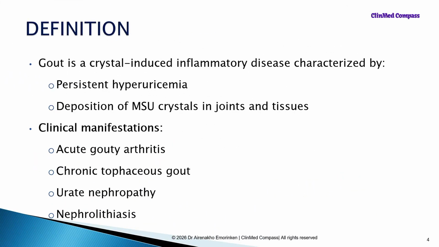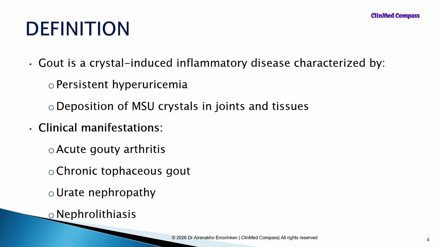Gout is defined as a crystal-induced inflammatory disease characterized by persistent hyperuricemia and deposition of monosodium urate crystals in joints and tissues. These crystal deposits produce different clinical manifestations. The patient may present with acute gouty arthritis, which is the classic painful red, swollen joint.